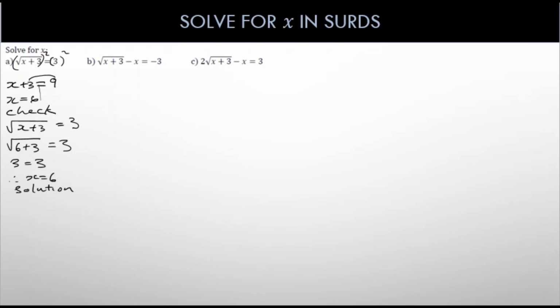So meaning that the root x plus 3 should be, and then we take x to the other side, it becomes positive, so x minus 3 should be on its own side. Can you see now the root is on its own, and now it's easier to square both sides, because this side I'll have x plus 3 is equal to, and then this side I have x squared minus 6x plus 9.